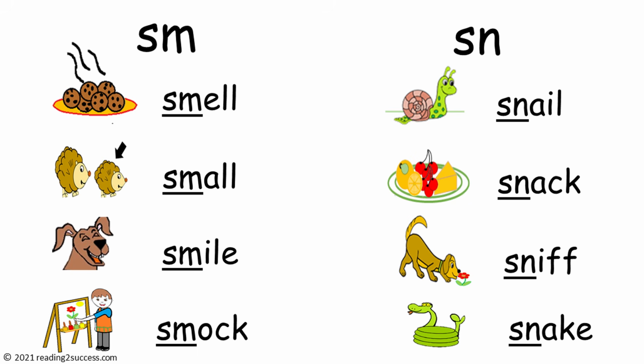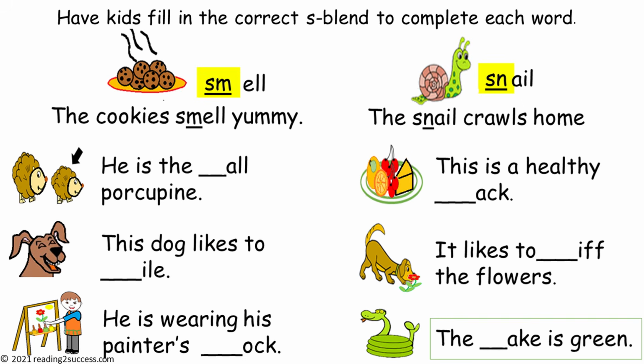Snail, snack, sniff, and snake. Now have kids fill in the correct S blend to complete each word and finish the sentence. This is a completed example.